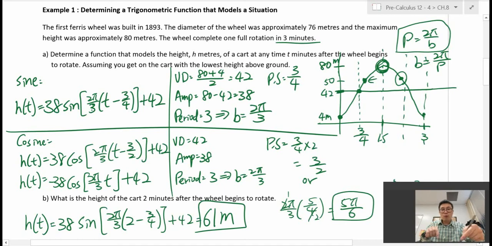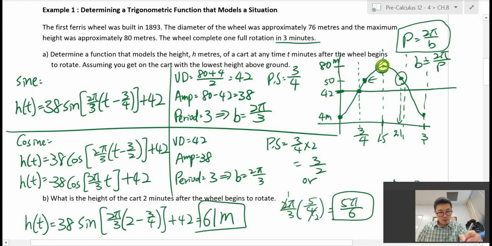So how do we figure out that answer instead? Well, there's a good thing about this sine and cosine graph: it's symmetrical. So this is 1.5 minutes, and we know at this time it is 2.1 minutes, which means from here to here, it takes 0.6 minutes.